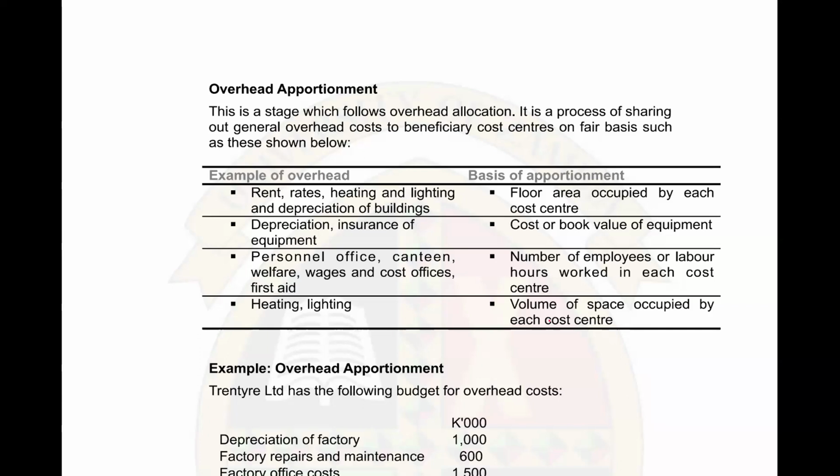The following are some of the common bases of apportionment that I will discuss. Even in the previous lecture that I will share with you again, I explained more than 20 different overhead costs and the common bases of apportionment that you can use. But I'll still go through them one more time.